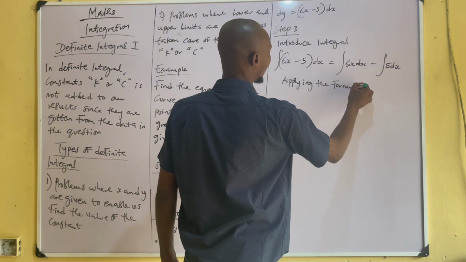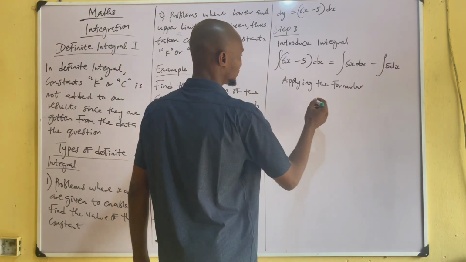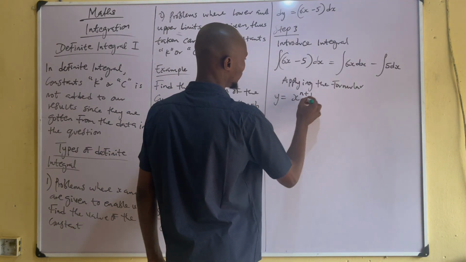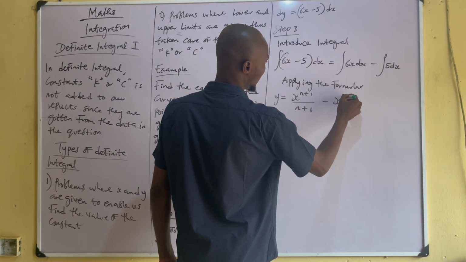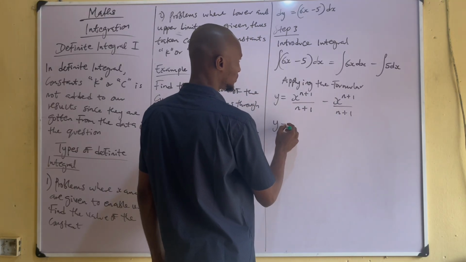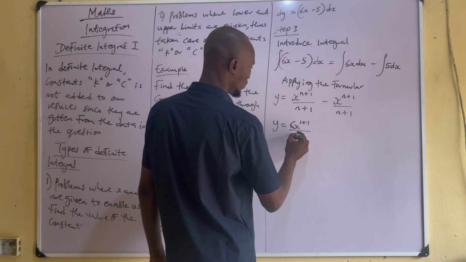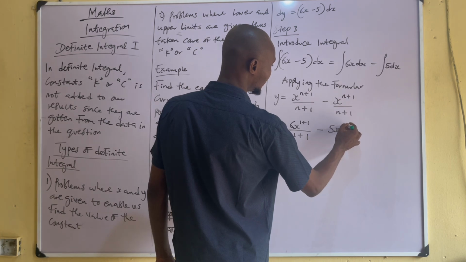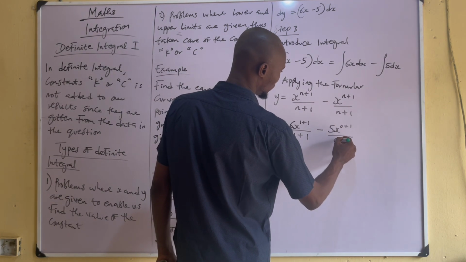That is the formula that was applied in indefinite integral 1. It will now be y is equal to x raised to power n plus 1 over n plus 1, minus s raised to power m plus 1 over m plus 1. So y now is equal to 6x raised to power 1 plus 1 over 1 plus 1, minus 5s raised to power 0 plus 1 over 0 plus 1.